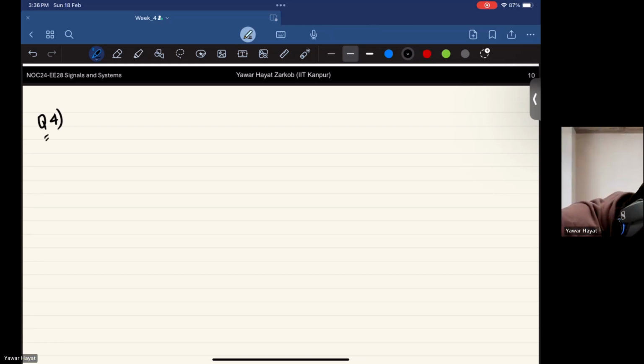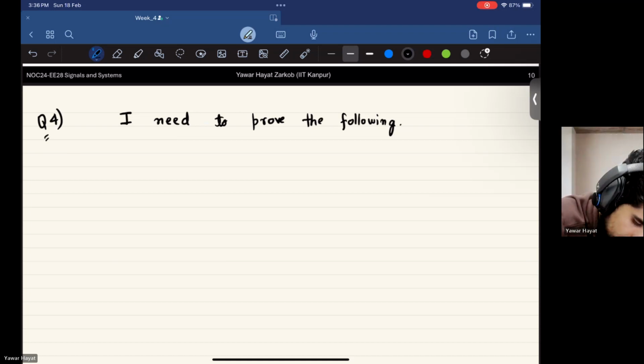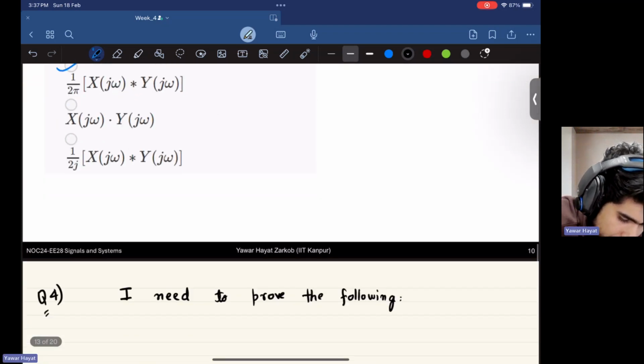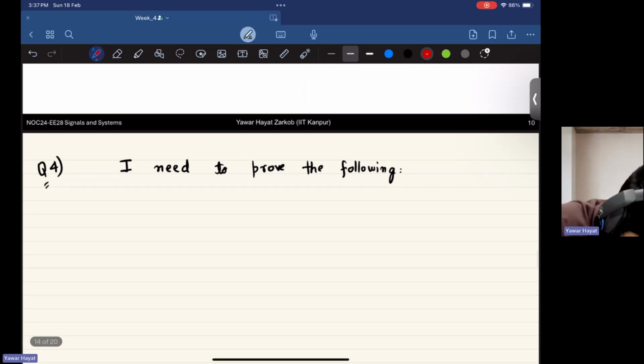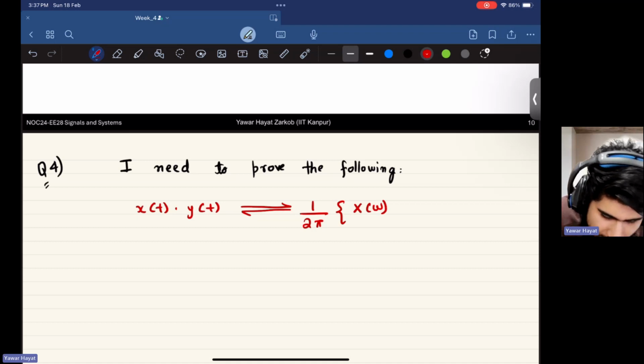So this is question number 4. And I need to prove the following. See, the statement that I made was that x of t, y of t, the Fourier transform of this is given by 1 by 2 pi X of omega convolution Y of omega.